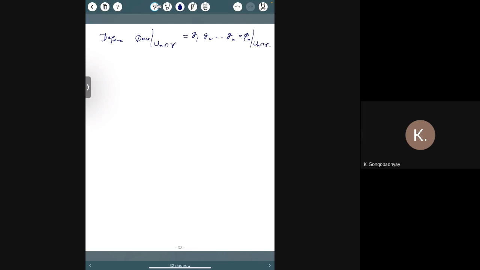Okay. So this means the developing map is well defined on the whole of gamma.